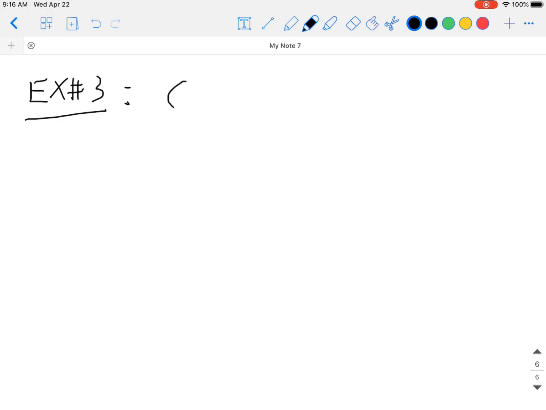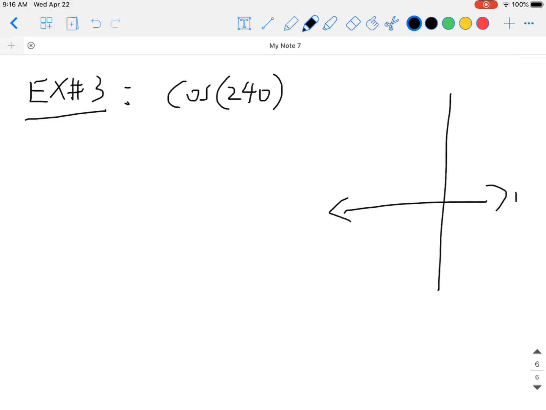Example number 3. We have cosine 240. To do this, first of all, we have to find the reference angle with respect to 240. And we have to first find what quadrant it is in. 0, 90, 180, 270.